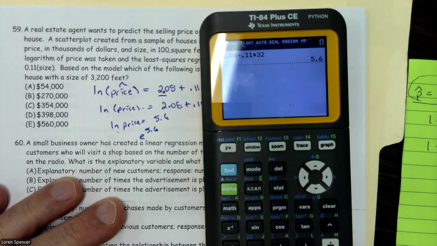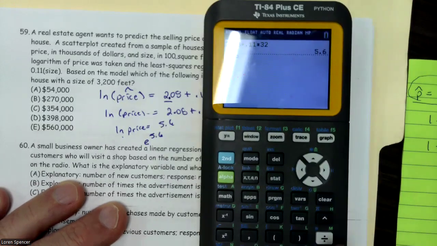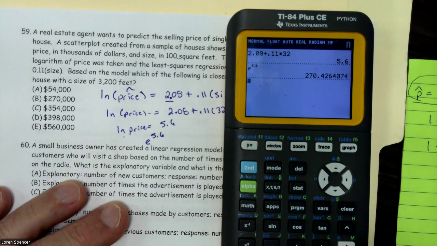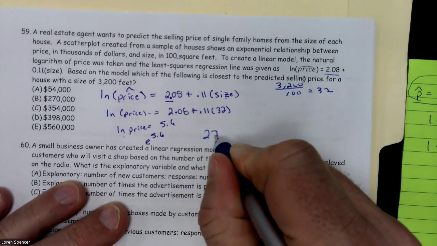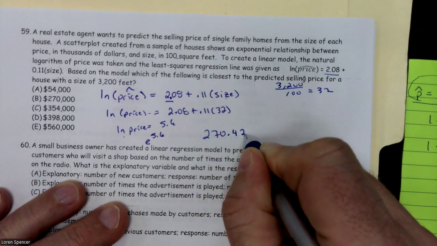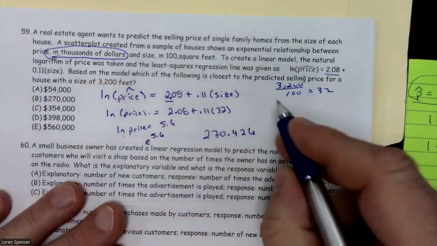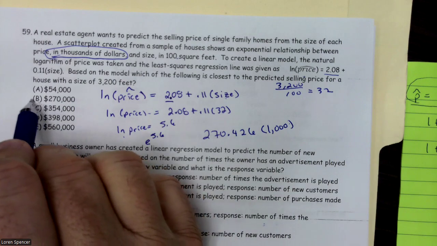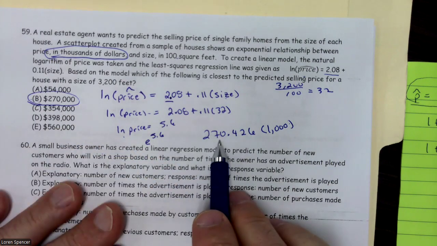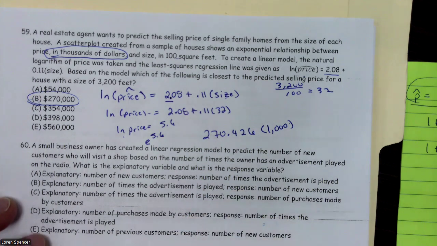So second, the natural log, and then raised to the 5.6, e to the 5.6. So we have an exponential. We have 270.426, but they said in thousands of dollars. So I need to come back and multiply that by 1,000. When I do that, my closest answer is going to be B because I'm going to get about $270,426.